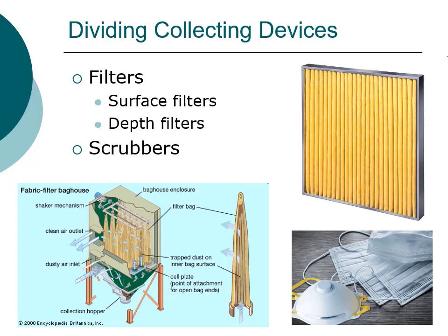In water treatment, there are granular media filters, so sand filter, anthracite filter, where the entire filter bed is used for filtration, removal of particles. We'll talk about scrubbers in the next lecture.